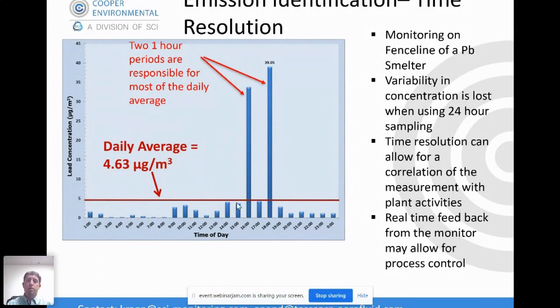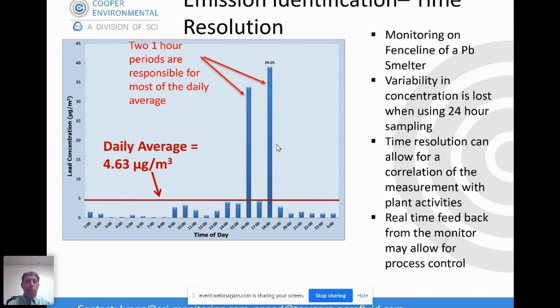And what you can immediately see is that 2 1-hour time periods are responsible for the vast majority of that average concentration. So what you may be able to do is go back and identify what kinds of activities were going on during those 1-hour time periods to give you a better idea of what the sources may be.